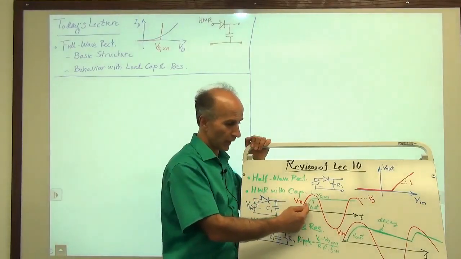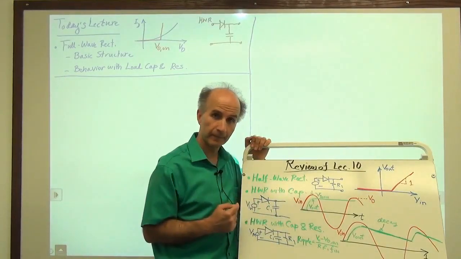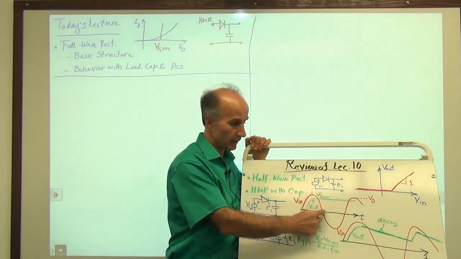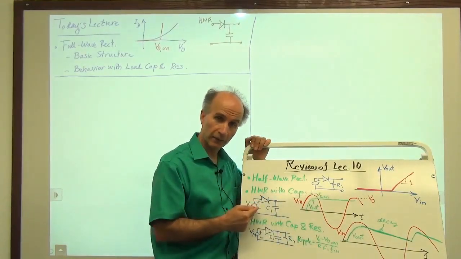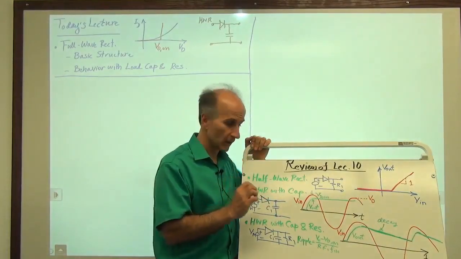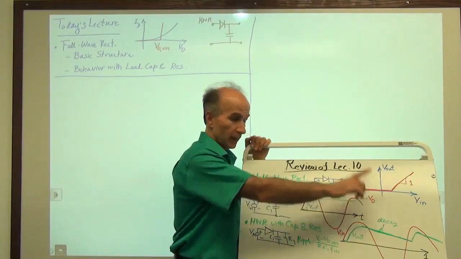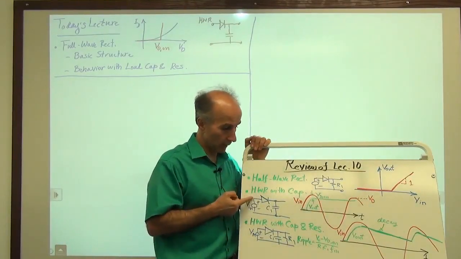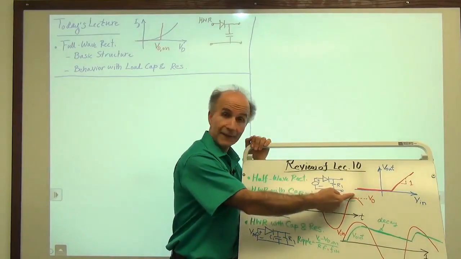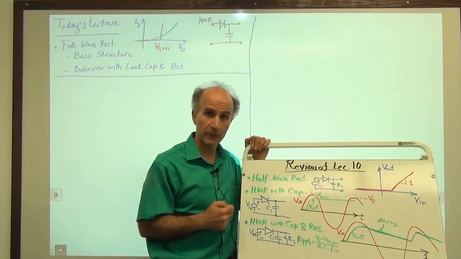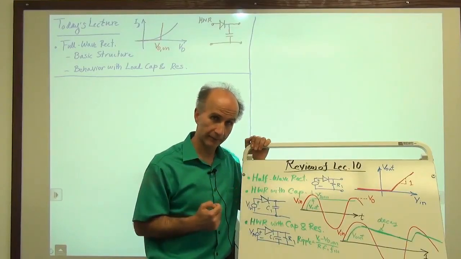So the output tracks the input up to this peak. But then, if the input starts falling past this point, the diode turns off, and the charge on the capacitor remains constant. So the output remains constant indefinitely at a value given by the peak value of the input, which we call V0, minus 1 diode drop. So that is the output voltage that we get.